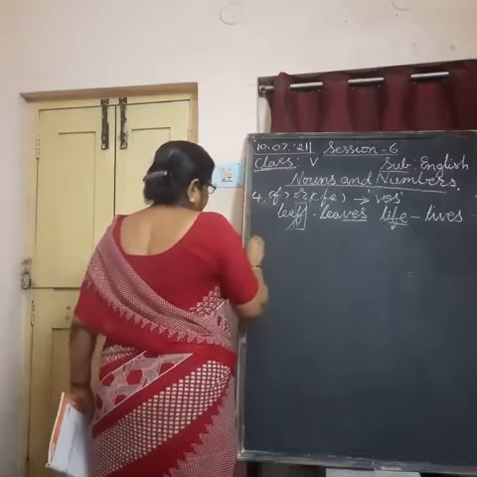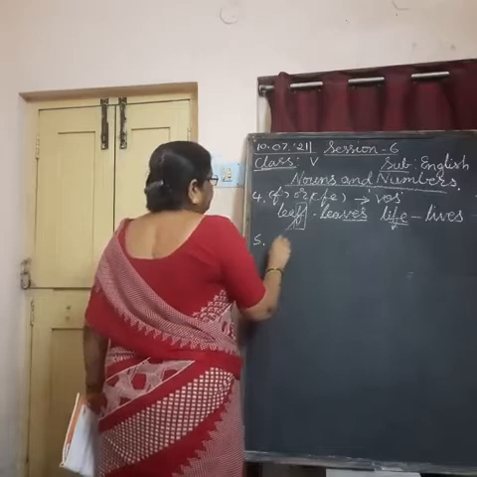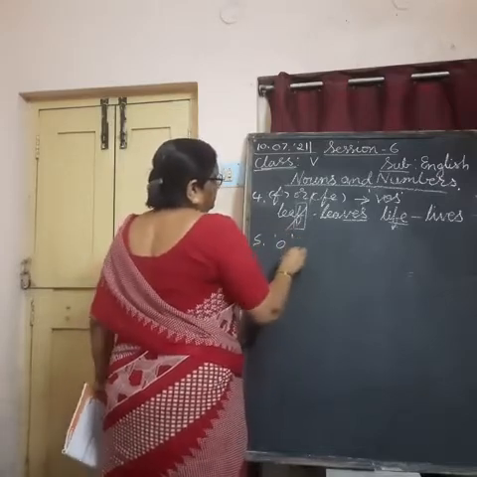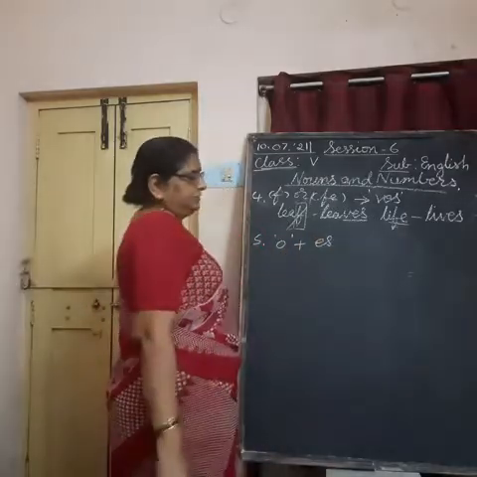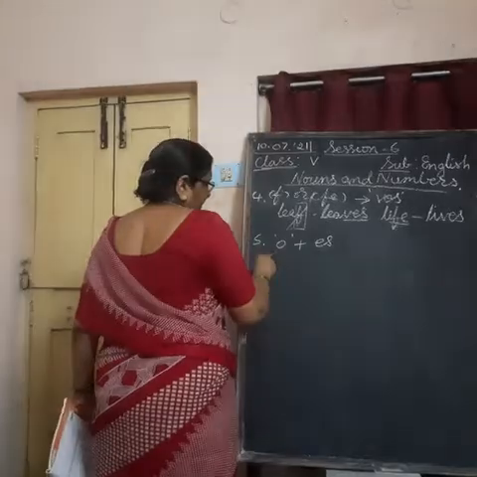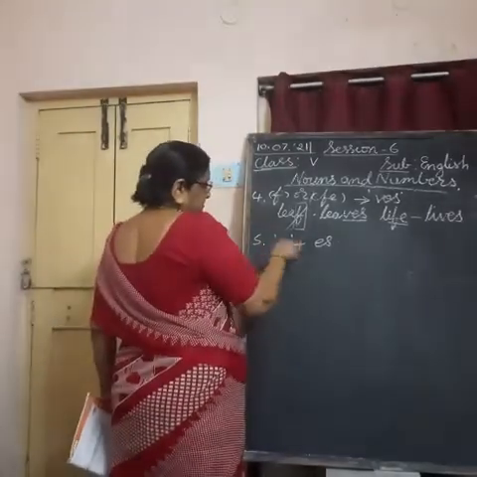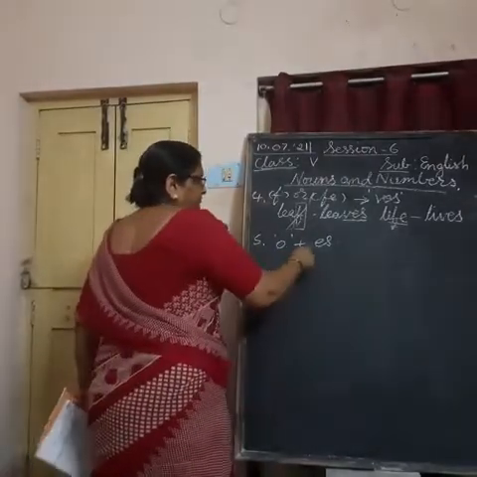Fifth is, if the word ends with the letter O, we have to add ES. Understand? If O is there at the end of the word, without changing anything, just add ES.